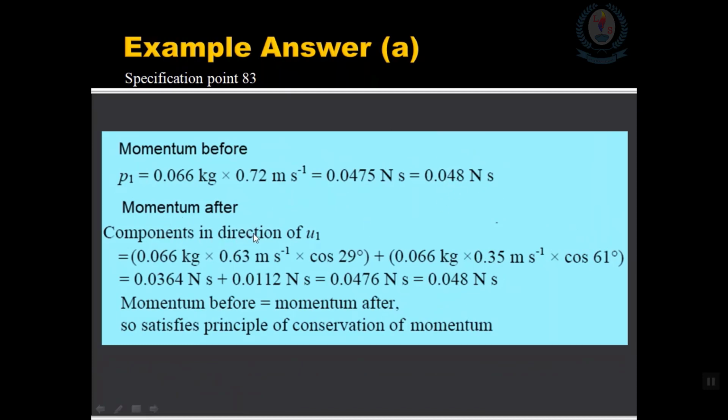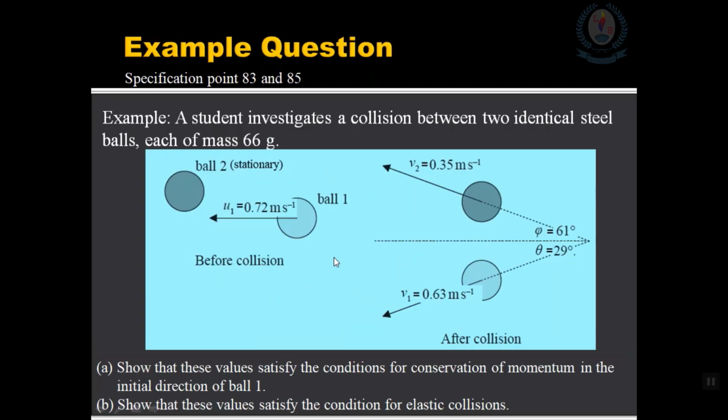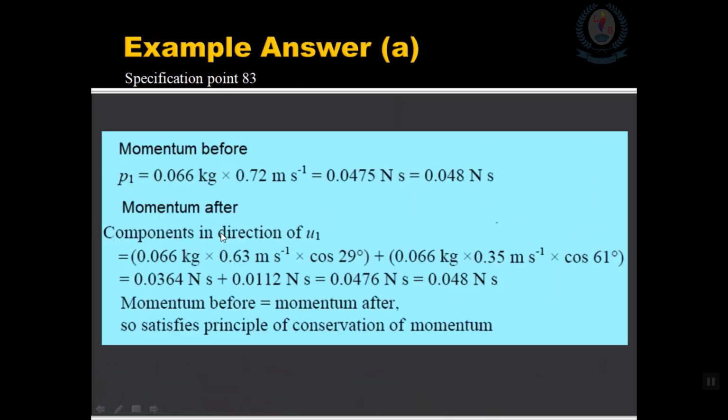Momentum after, how do we calculate? Mass into velocity's component in the initial direction of ball 1 towards left. So that would be 0.066 into 0.63 cos 29.